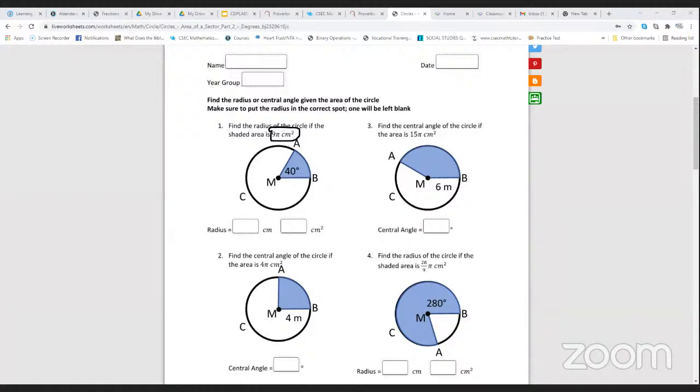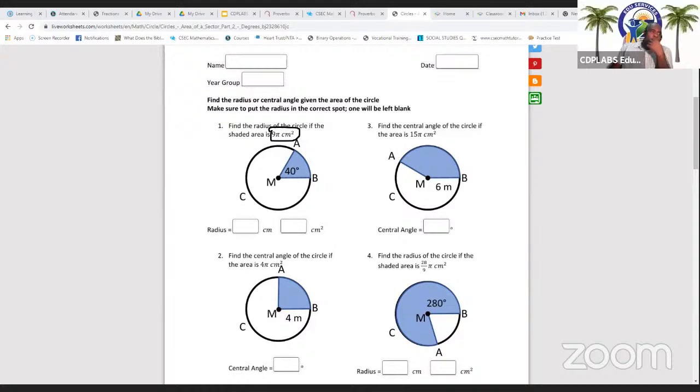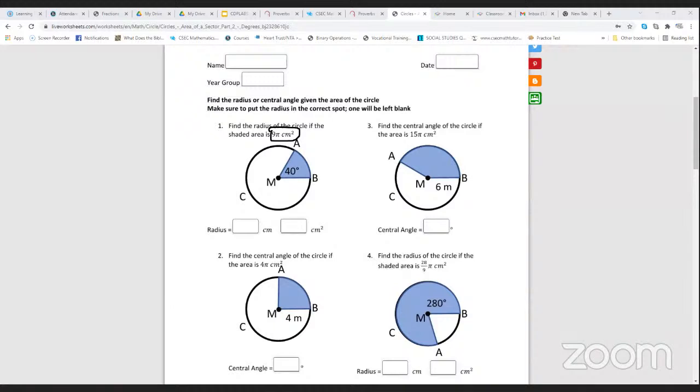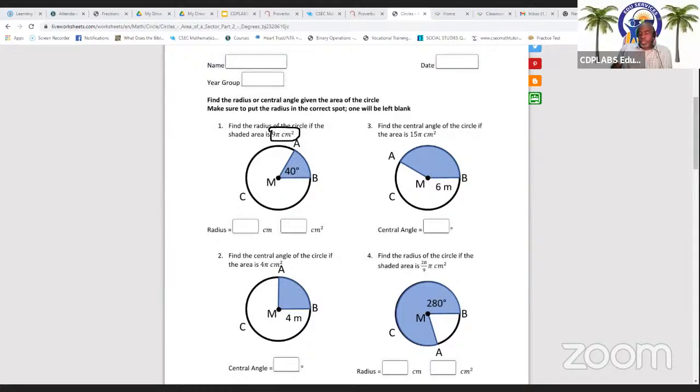So here, multiply the 9 times pi, then you divide it by 40. Multiply the 9 times pi and then divide it by 40. Yes, sir. So it's 9 times 3.2.